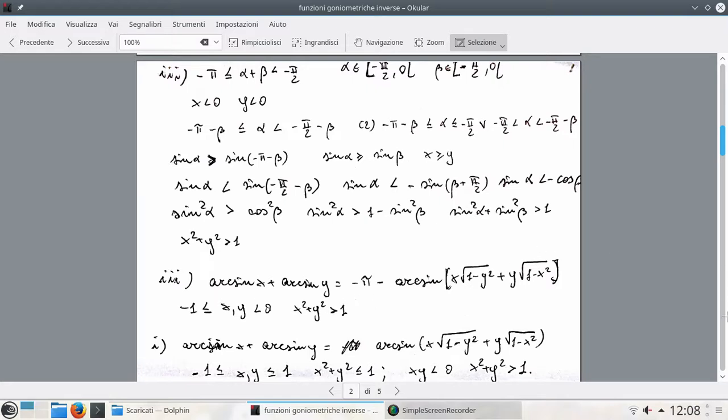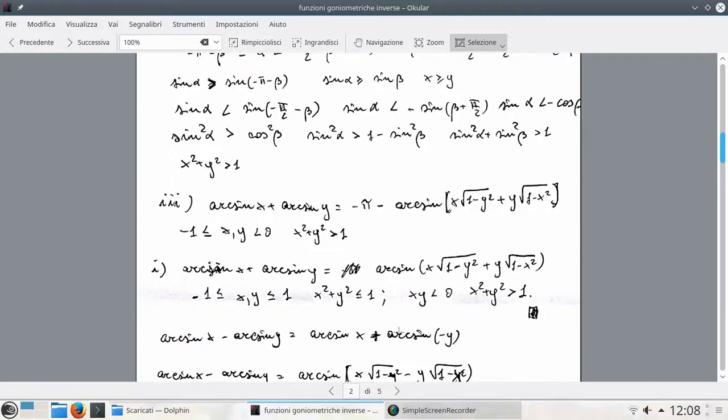So the remaining relation, by complementarity, can be written in this way: arcsin x plus arcsin y equals the same expression, with x and y between minus 1 and 1 and x square plus y square not greater than 1, or x times y negative and x square plus y square greater than 1. Okay.